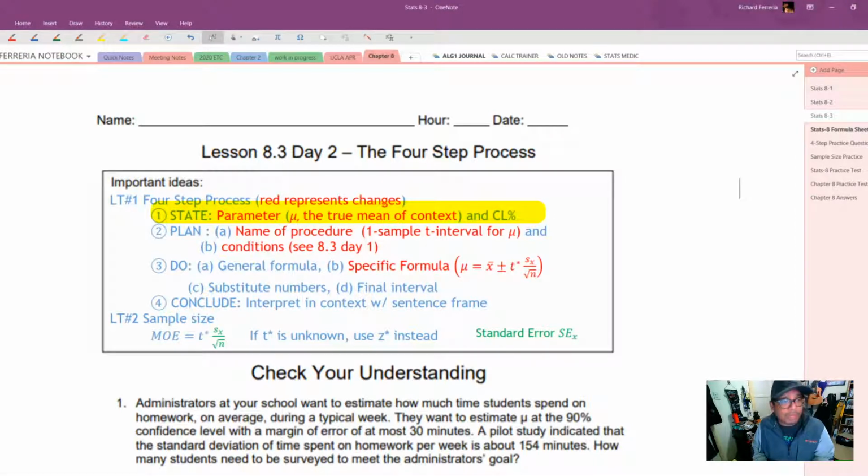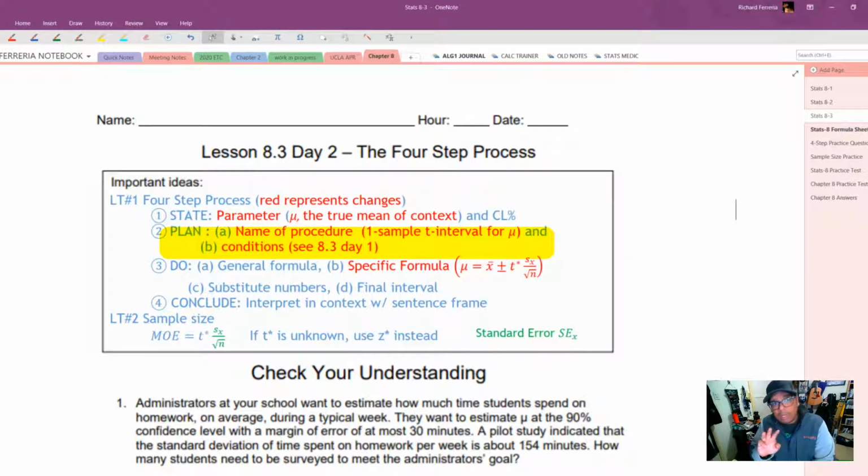Step 2 of the 4-step process is going to be plan. So there are 2 things you need to do. You need to state the procedure, you need the name of the procedure, and then you also need the conditions. So the conditions are the same 3 conditions: random, 10%, and normal.